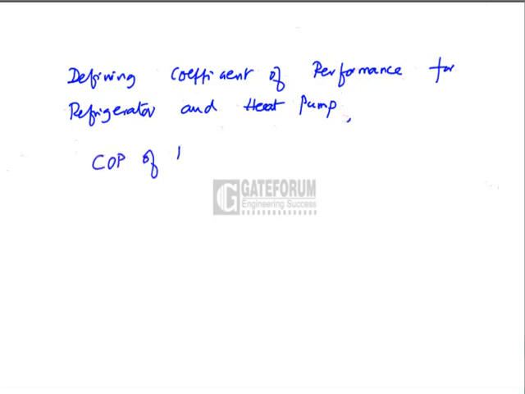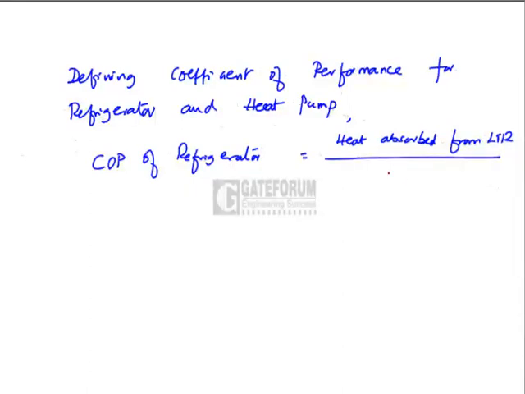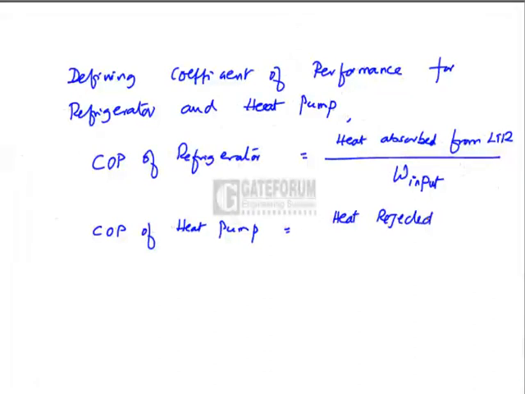COP of refrigerator is defined as the ratio between heat absorbed from low temperature reservoir divided by work input given to the refrigerator. Similarly, coefficient of performance of heat pump is defined as heat rejected to high temperature reservoir divided by work input.